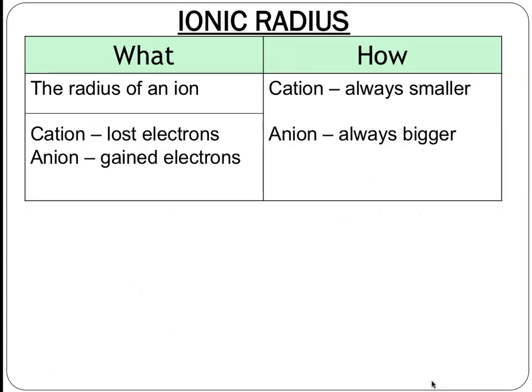Our ionic radius mostly has the same reasons we just saw. Atomic radius, ionic radius, same idea. Obviously, what we're looking at is the radius of ions. We know cations have lost electrons. We know anions have gained electrons. But now we have to look at how many electrons are lost in the cations and how many electrons are gained in the anions.